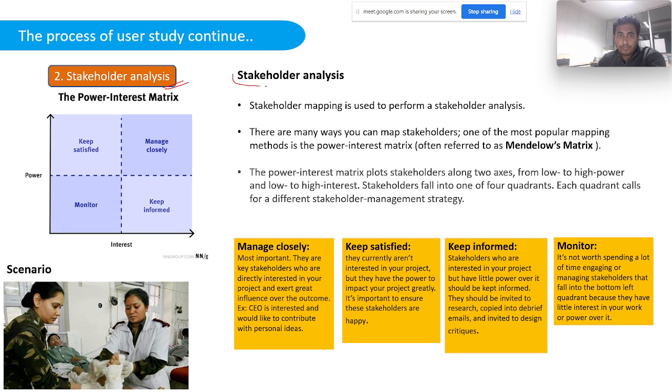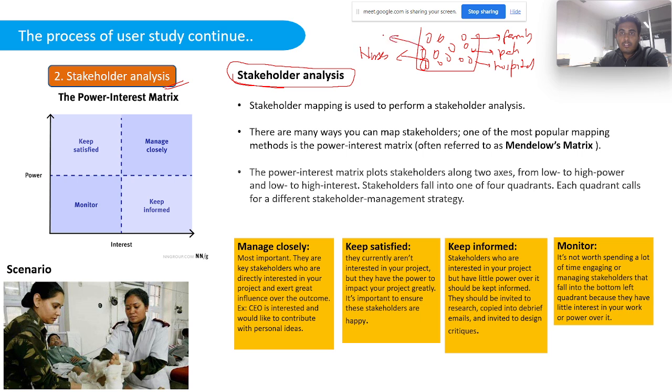Now, another thing that you need to do in a user study, which is the second important task, is stakeholder analysis. When you are dealing with a particular context or scenario, you come across various stakeholders. So you will have a basket of stakeholders. In a hospital setting, probably you have family members, patient, hospital authority, then the nurses, the doctors, and you yourself as the designer.